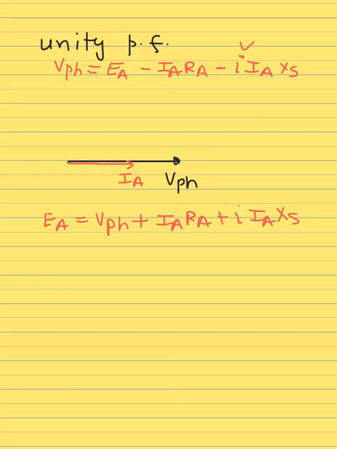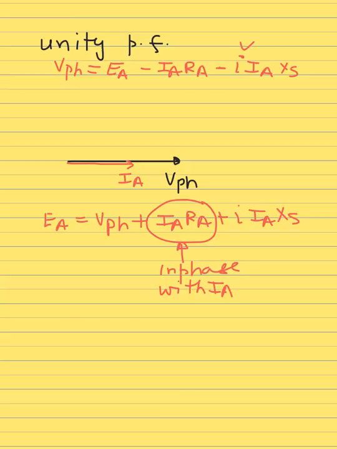So in order to implement this equation, we have the first phasor, which is V phase, then we're going to add IA RA to it. So IA RA is going to be a phasor exactly in phase with the IA phasor, because RA does not contribute any angle.